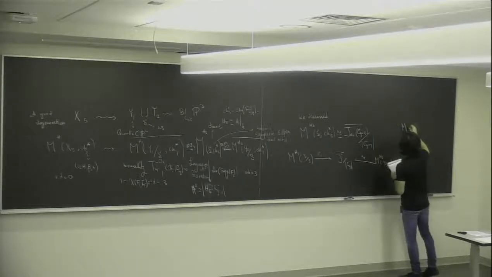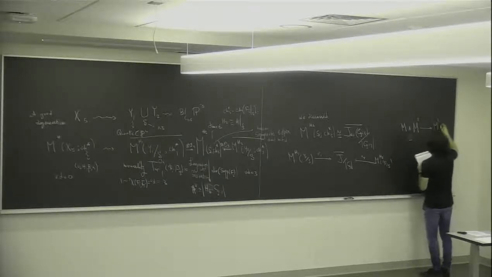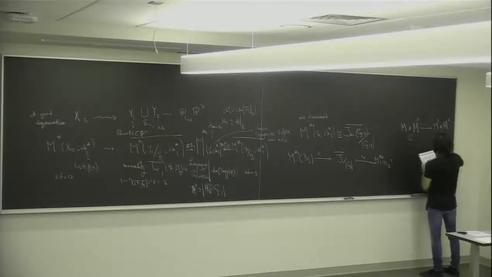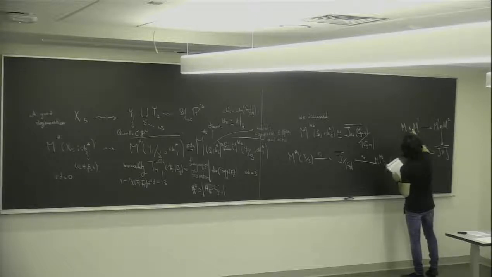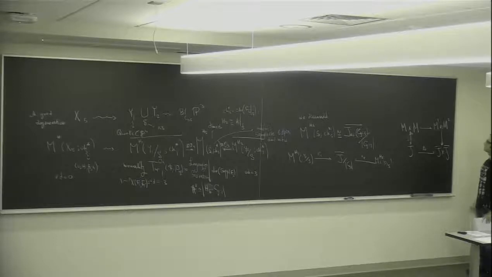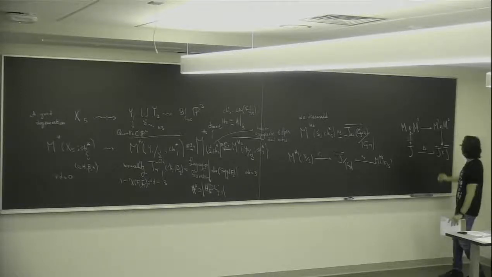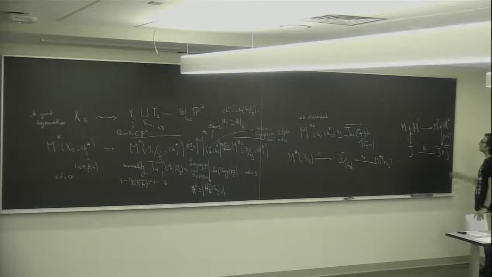M1 times M2 over the diagonal goes to M1 times M2, which is sending us to the Jacobian. Then there is the diagonal embedding of the Jacobian inside here, and the fiber product over the diagonal gives us that.